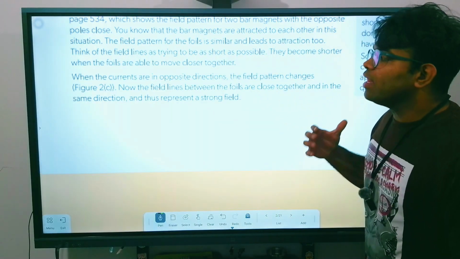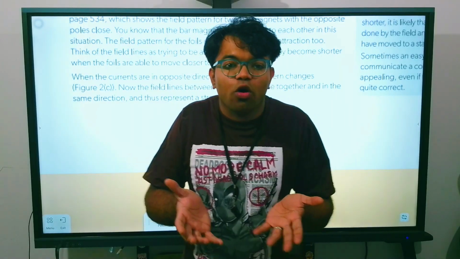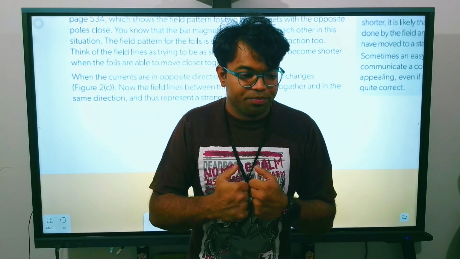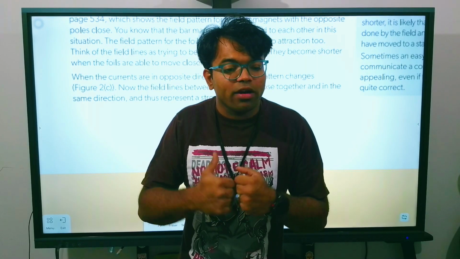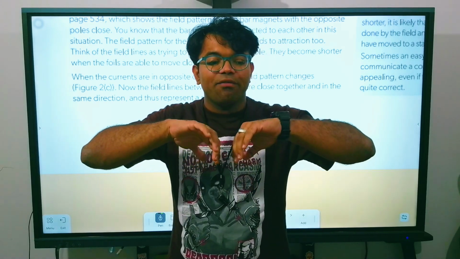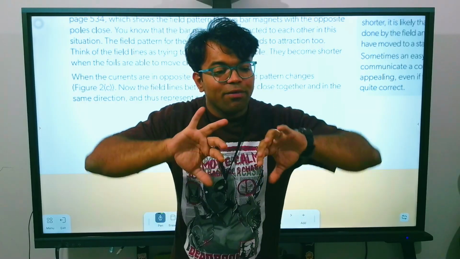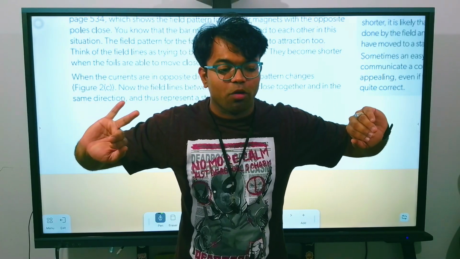Now, when the currents are in opposite directions, the field patterns do not align themselves with each other. Therefore, what will happen? The fields will never combine. The fields will never overlap these two conductors. They will always try to be as separate as possible.